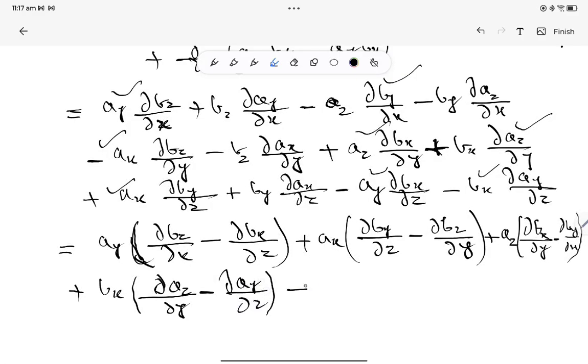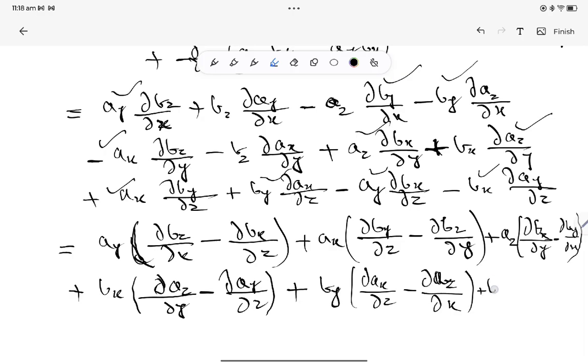Plus b_y. Now let us look for the b_y term. We have one here, positive b_y is here. So I have del a_x by del z minus del a_z by del x. Lastly, b_z.